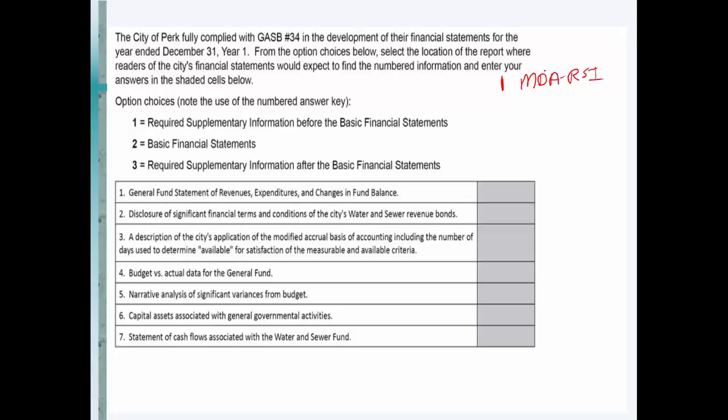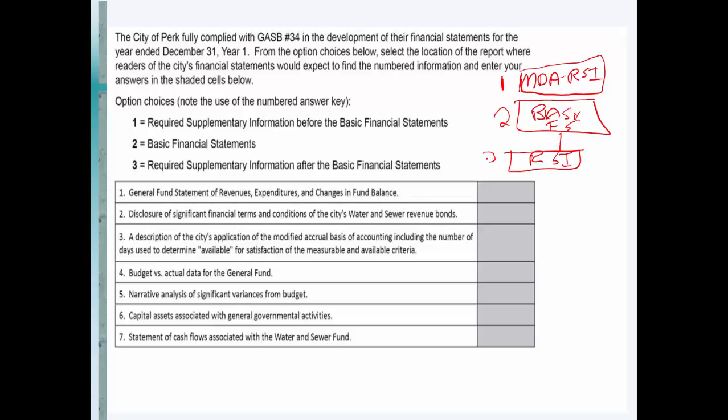Yes, it is. Required supplemental information other than the MD&A, so that means the MD&A is RSI, right? That's the first thing we see. The second thing we see is the basic FS. And the third thing we see is required supplemental information other than the MD&A, right?